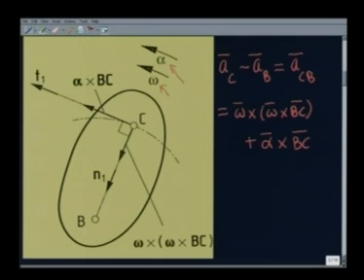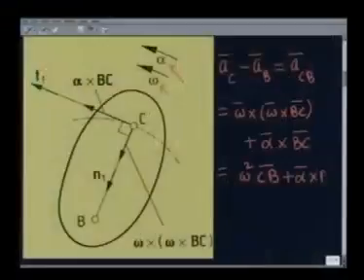Because the omega vector is along the k direction and the BC vector is in the xy plane, it can easily be shown that the first term will be omega square CB, that is towards B from C, that is the vector CB, and the magnitude will be omega square into BC, and the tangential component will be alpha cross BC.